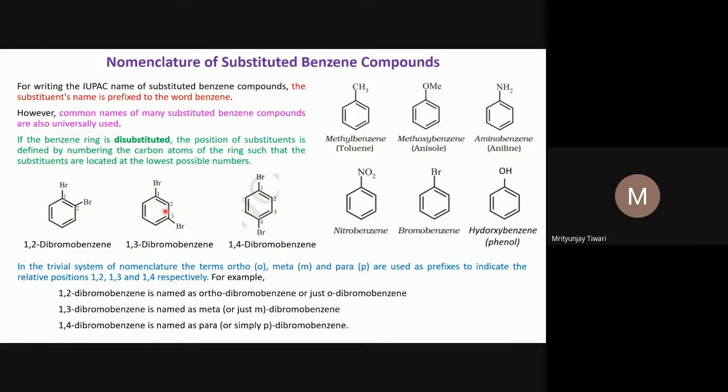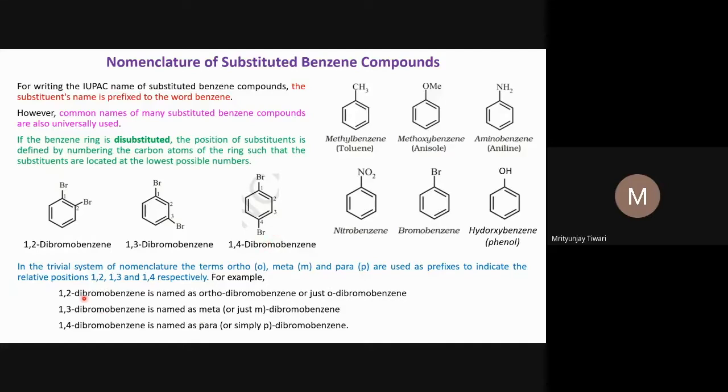For this bromine, the other is at the meta position, because this is 1,3 position and that is 1,2 position. So 1,2 is the ortho position, 1,3 is the meta position, and 1,4 is the para position. And these are the trivial names people started using early.